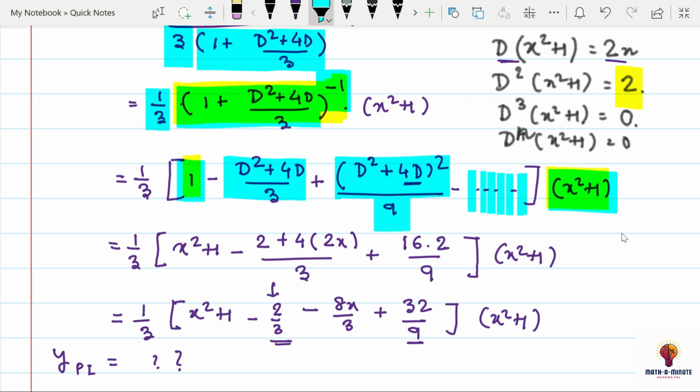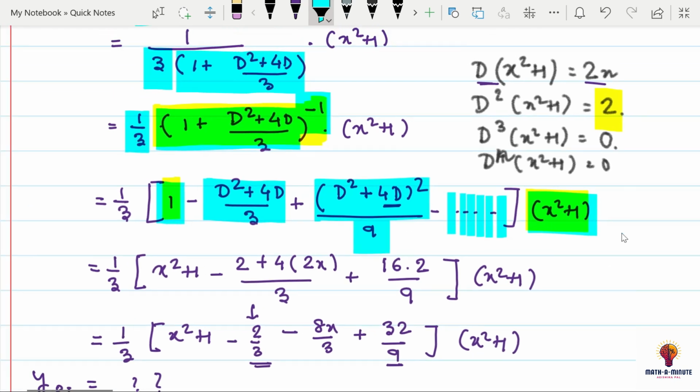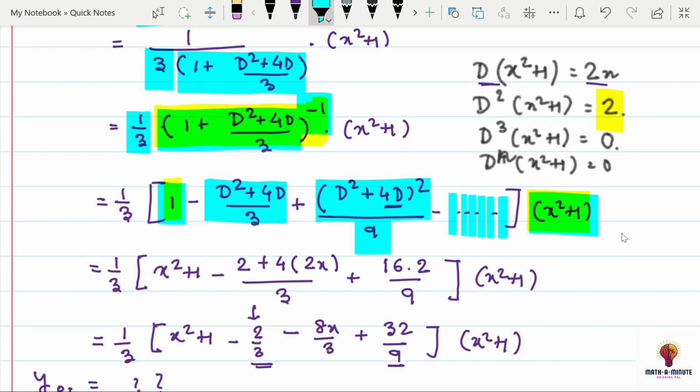Now you have to check that if we differentiate this given polynomial function once, it will be 2x, and if we differentiate x square plus 1 twice, it will be a constant. After that, each and every higher order derivative will be 0.